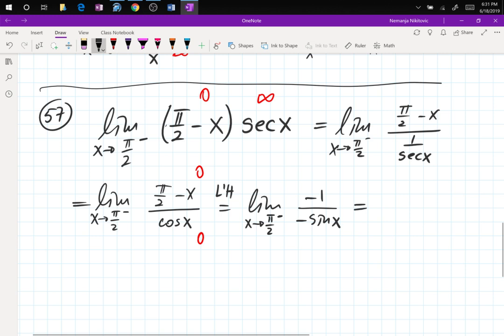So now negatives cancel, and you get 1 over 1, and there it is. The limit worked out to be 1. Awesome, right?